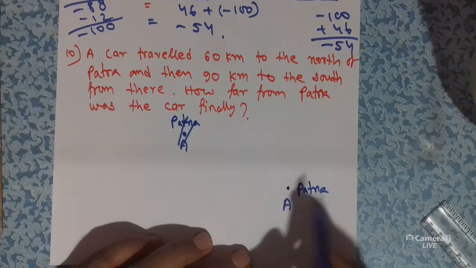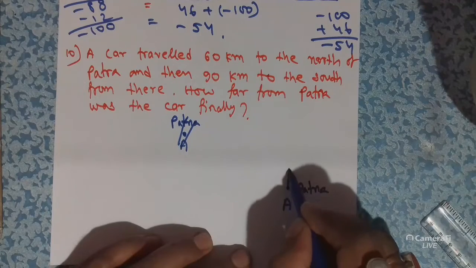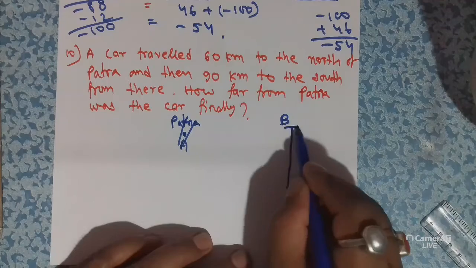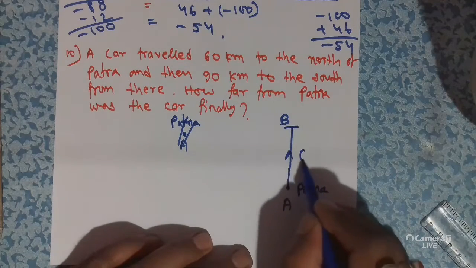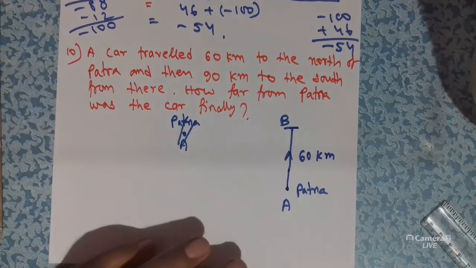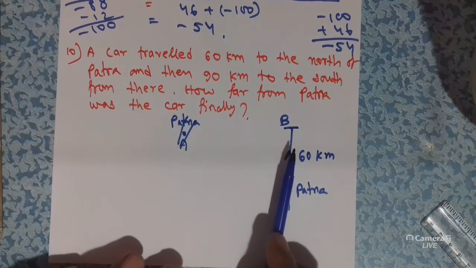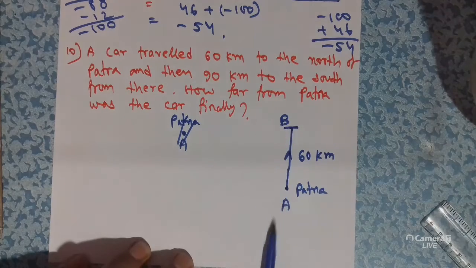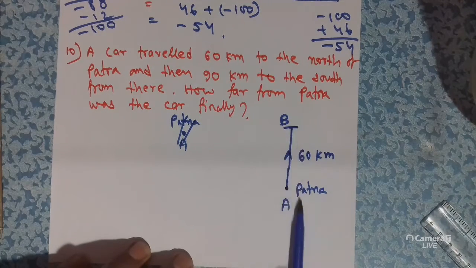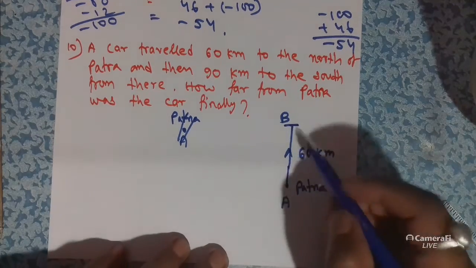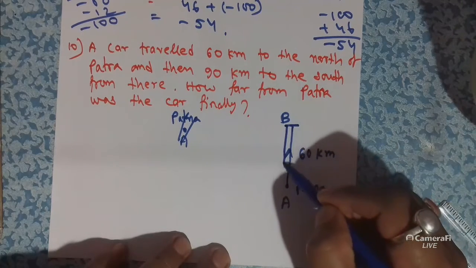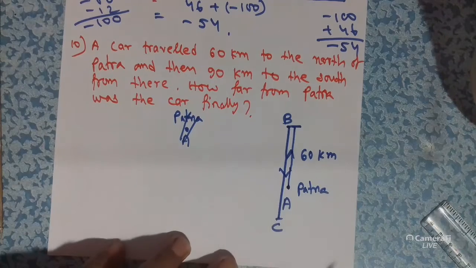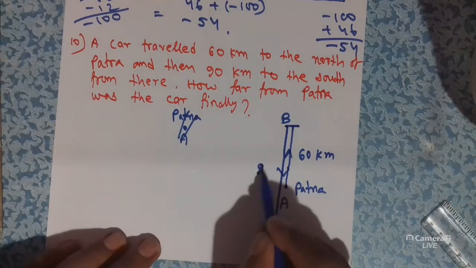From this point we have to move 60 km to the north. Suppose this is B, 60 km. From this position we have to travel 90 km to the south. So this is north and this is south. So we have to move now 90 km to the south.